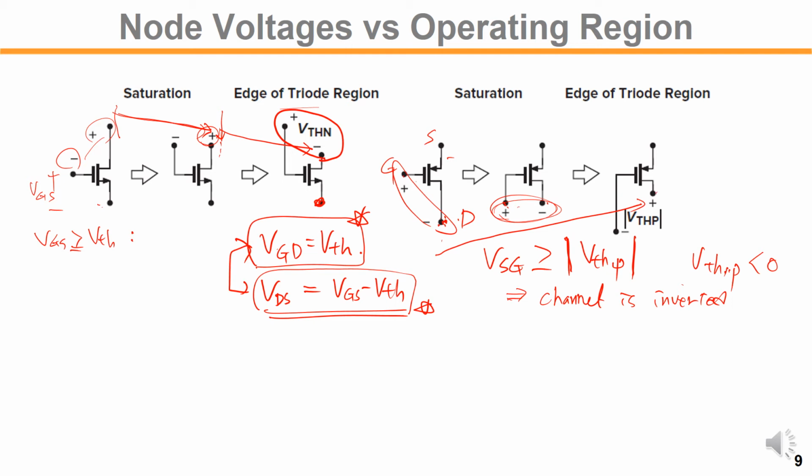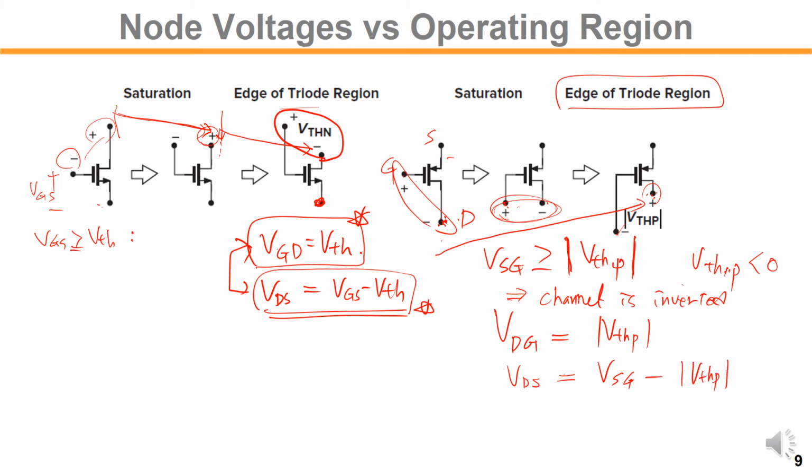But if the drain voltage goes too high, so that the voltage difference VDG is equal to the absolute value of VTHP, then it's at the edge of the triode region. So in terms of VSD, it is the same as VSG minus the absolute value of VTHP. Okay. So in this case, VSG.